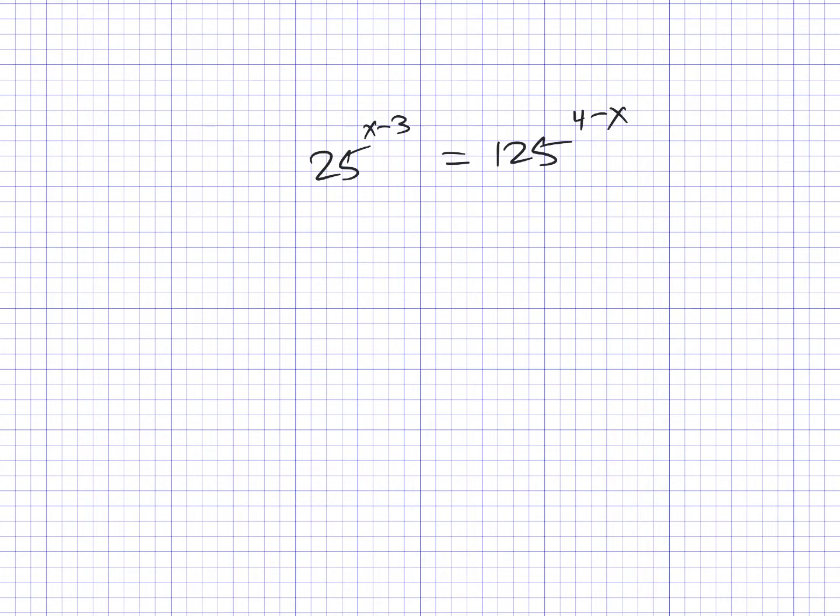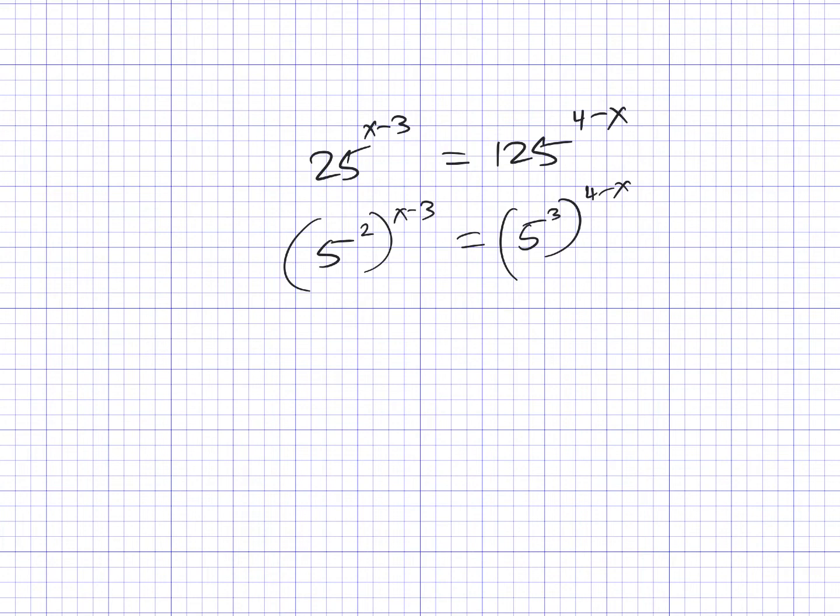Well, you could use 25, except 25 squared is not 125, so that's too much. It has to be a base that raises to the same base above it. That's how you do it. You've got to manipulate all your numbers to make it work right.